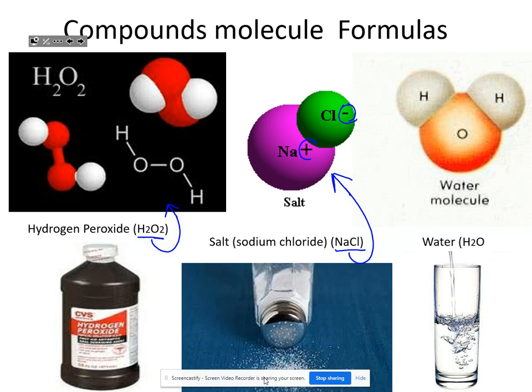With the minus sign and the plus sign, that means they're ions and they attract to one another. And then H2O, hydrogen and oxygen, they fit together in a Mickey Mouse shape, and that's what gives water some of its cool properties, like the ability for the drop to bubble up.